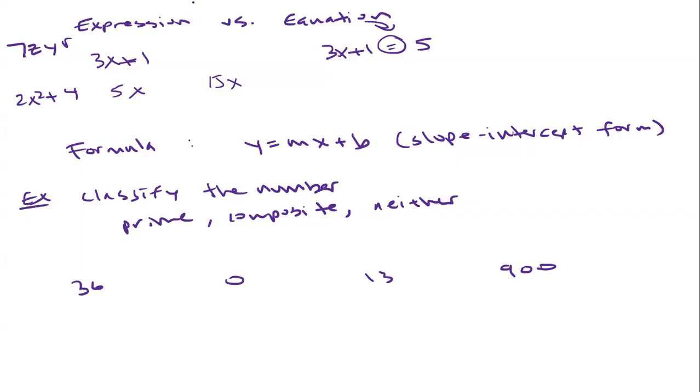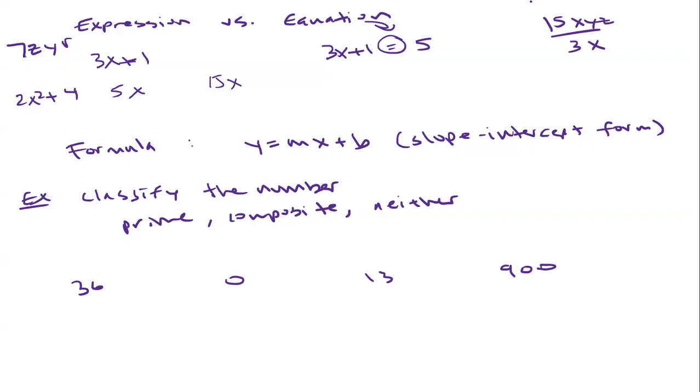Again, with an expression, I'm not solving anything. I'm maybe rewriting in a way where I can reduce something. For example, if I had 15xyz divided by 3x, then I can reduce this.